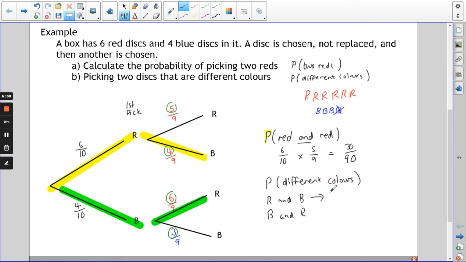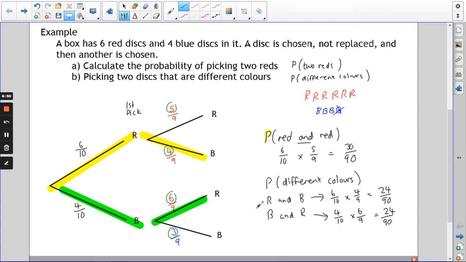So for red and blue, we've got 6 out of 10 times 4 out of 9, so that's 24 out of 90. For blue and red, we've got 4 out of 10 times 6 out of 9. This isn't going to be a surprise, it's got the same probability, 24 out of 90 again.